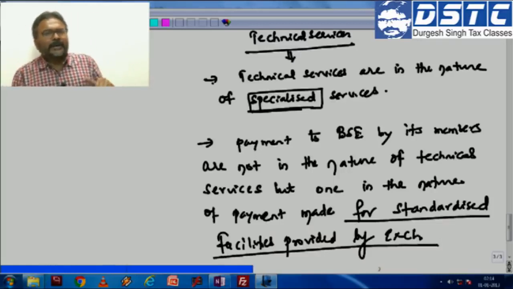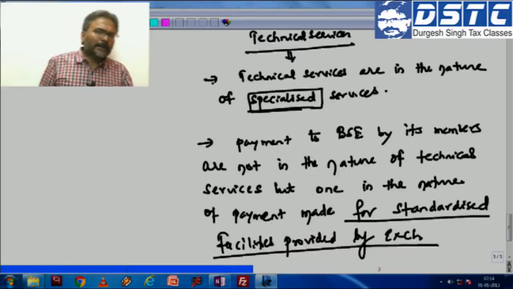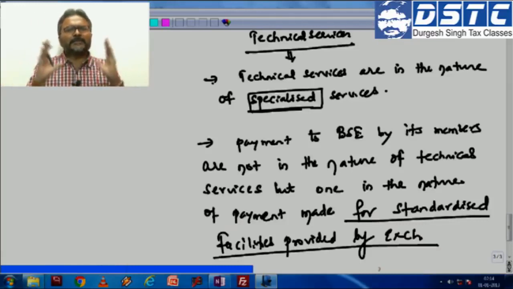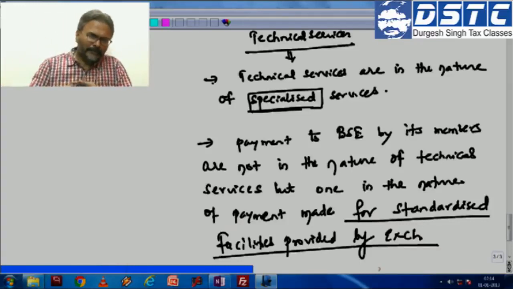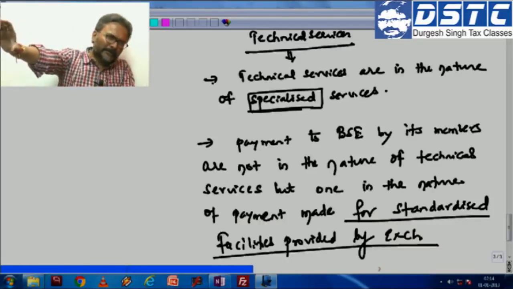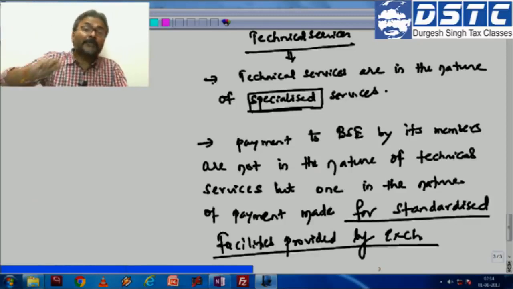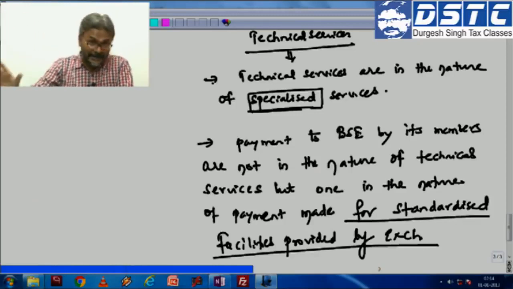Like the way you are giving this service to any other third party, I am also a recipient of the same. There is no such specialized service that has been given to me. There is a facility which is available. Those who want to avail that facility, so already there was a facility which was there in existence.